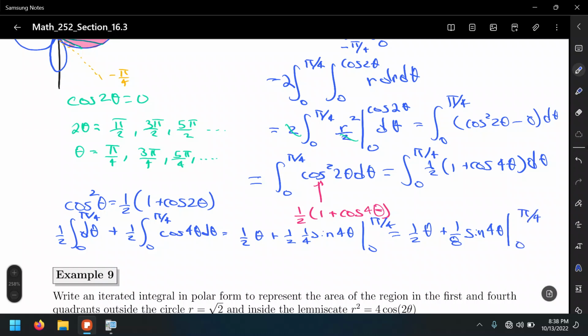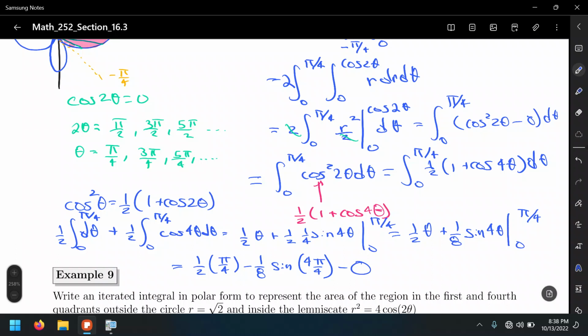Again, upper limit minus lower limit, as usual, fundamental theorem. So that's 1/2 times pi over 4 plus 1/8 sine of 4 times pi over 4, and then minus, if we apply the lower limit, which is 0, that's going to get zeroed out. 4 times 0 is 0, sine of 0 is 0.